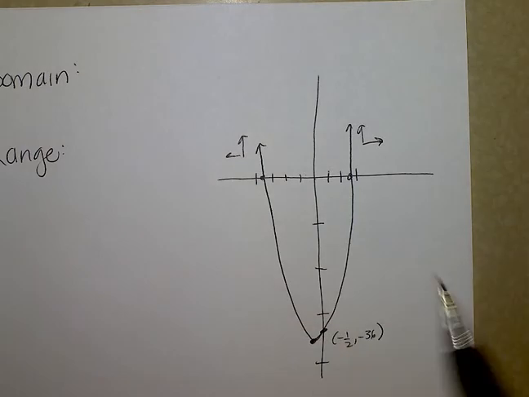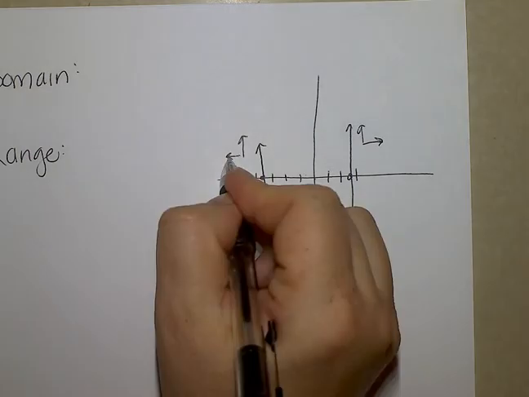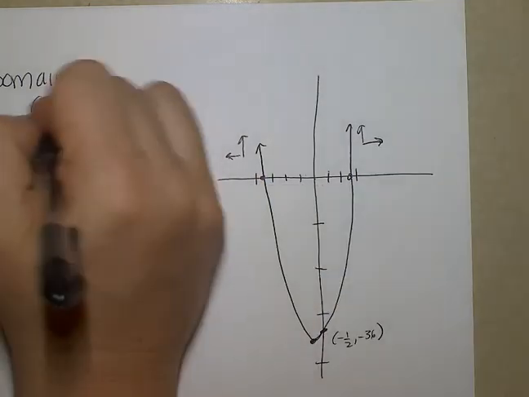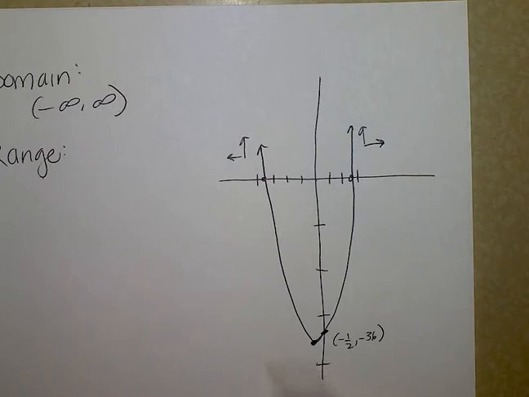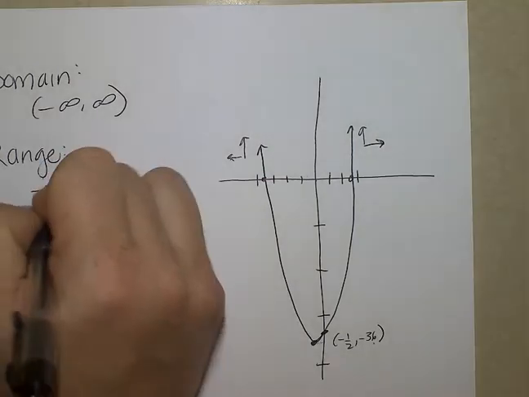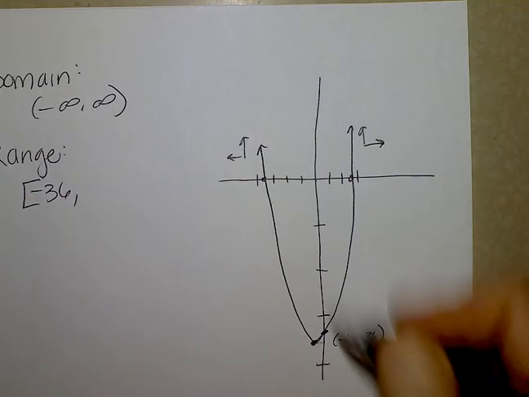Domain. There's no restrictions how far it goes to the left or to the right. Range. There is a restriction how low it goes. It goes as low as 36, but there is no restrictions how high it goes.